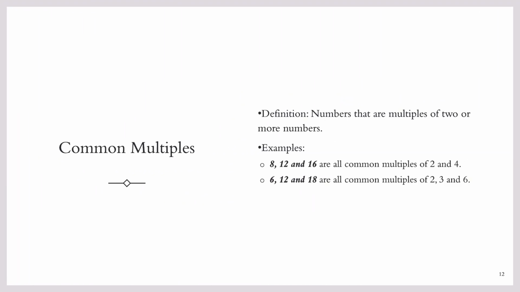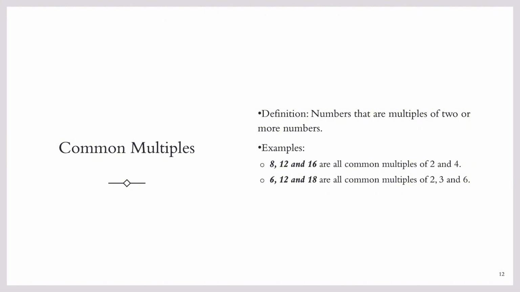Now let's understand the concept of common multiples. Common multiples are numbers that are multiples of two or more numbers. For example, 8, 12 and 16 are all common multiples of 2 and 4. Moreover, 20 and even further numbers that are multiples of 4 will also be multiples of 2, and this is why 2 and 4 are common factors of these numbers, and then these numbers become the common multiples of the factors.